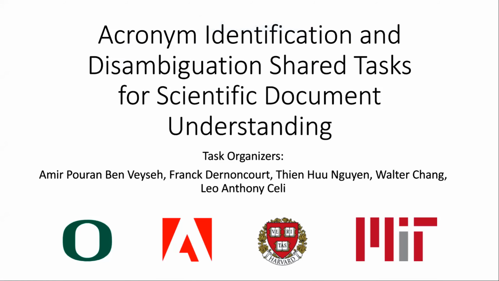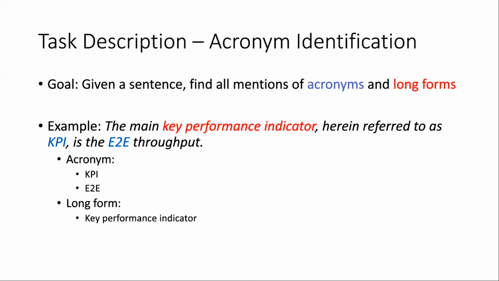Okay, thank you everyone. So for this presentation, I will talk about the acronym identification and disambiguation shared task that we organize in the scientific document understanding. The organizers of these two tasks are the same as the organizers of the workshop. So the first task, acronym identification, aims to find all mentions of the acronyms and long forms in a piece of text.